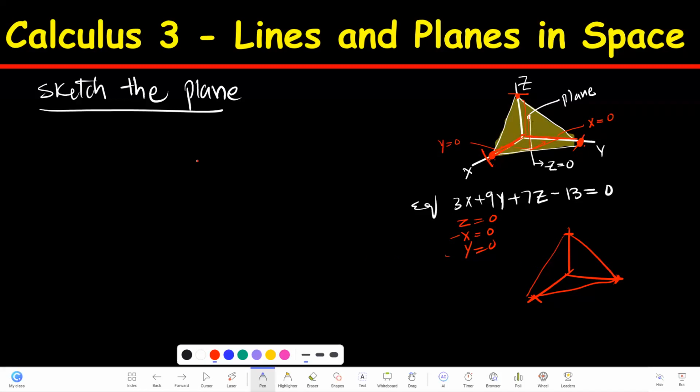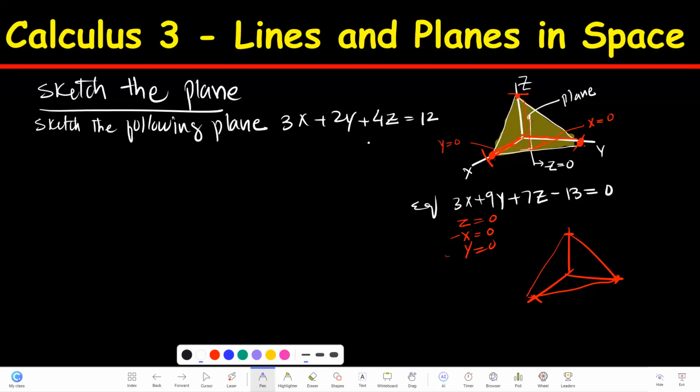Okay. When you say trace, a trace is usually drawn in a particular axis or plane: xy, yz, zx. So I'm going to say: sketch the plane 3x plus 2y plus 4z equals 12.